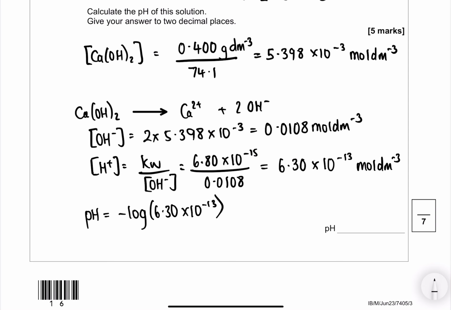So I'm going to do the negative logarithm to the base 10 of my answer, and that's coming out at 12.2. It says give it to 2 dp. It's coming out as 12.200, so 12.20.